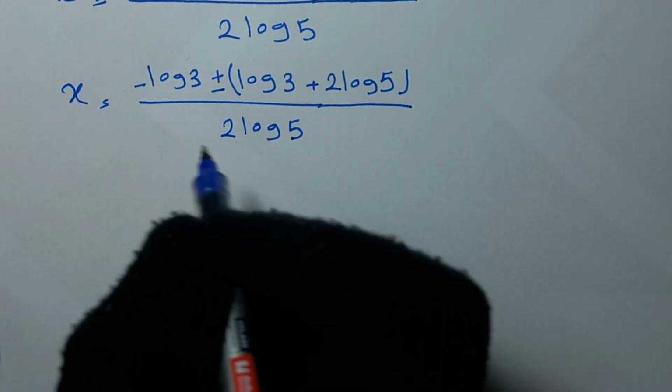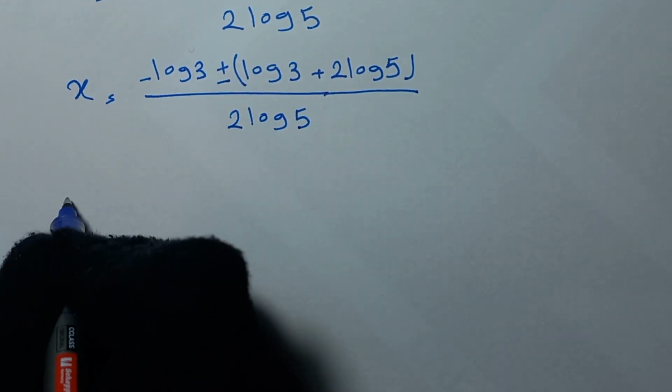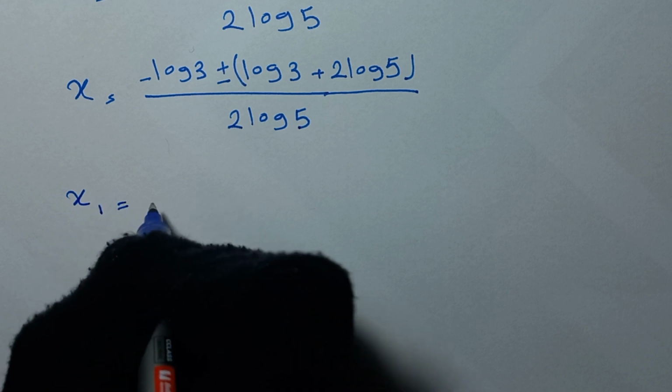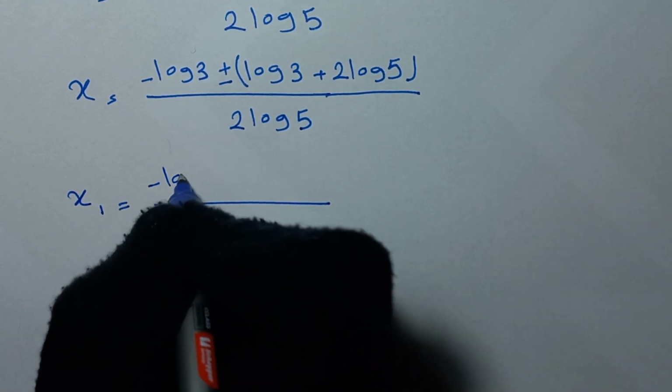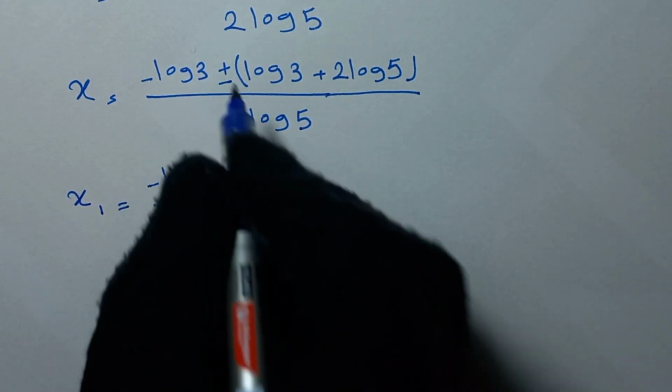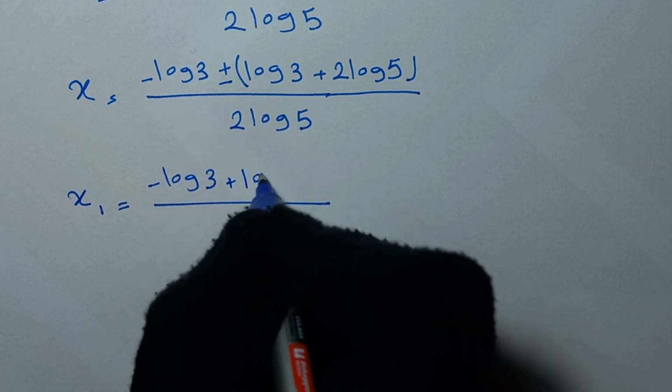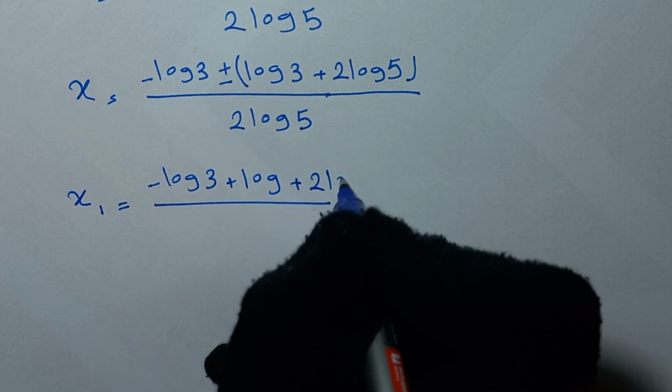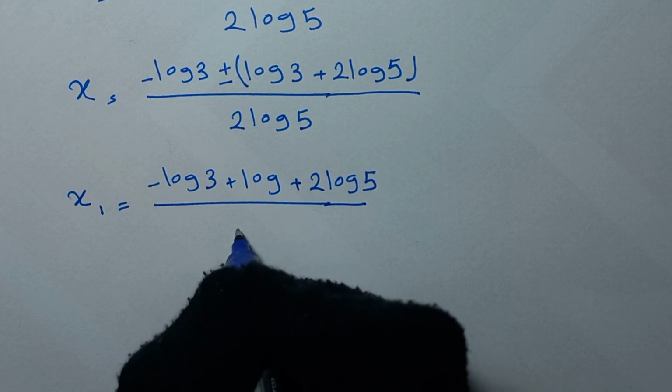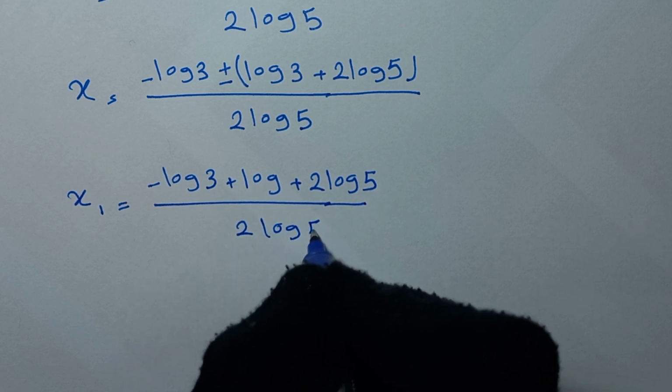And in here we have two values for x. x1 is negative log 3 plus log 3 plus 2 log 5 over 2 log 5.